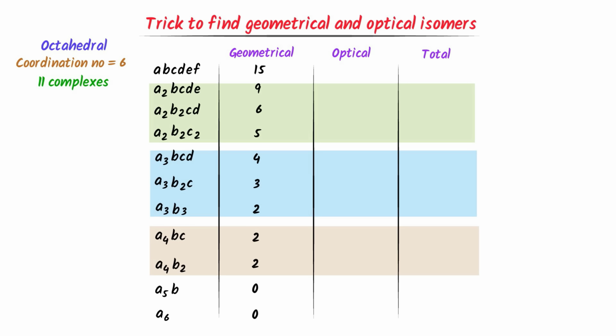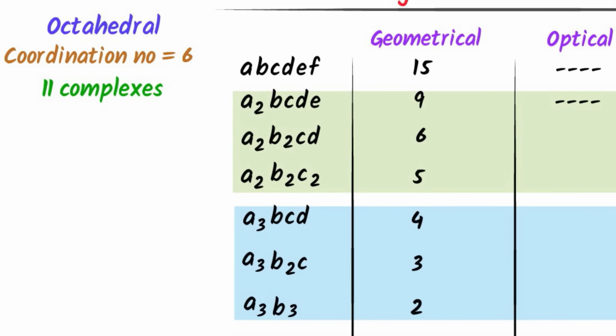Now what about their optical isomers? As usual, we do not consider the optical isomers of the first 2 cases. Now we start optical isomers from this complex. We can see that there are 4 alphabets present in it: A, B, C, D. I write here 4.